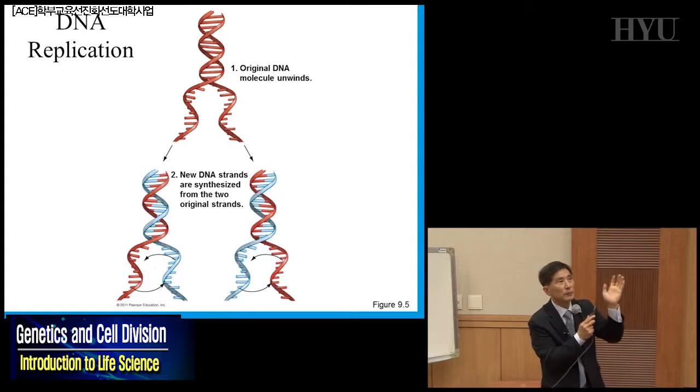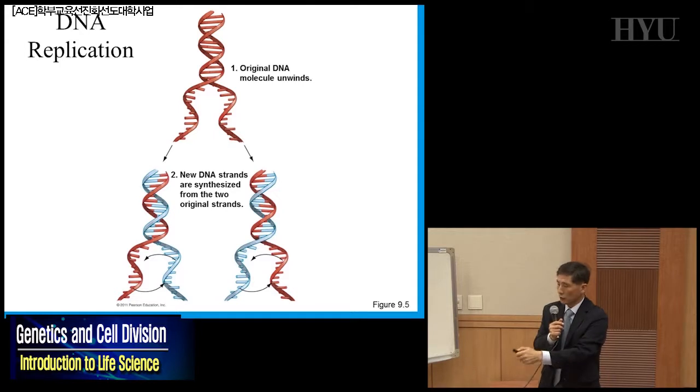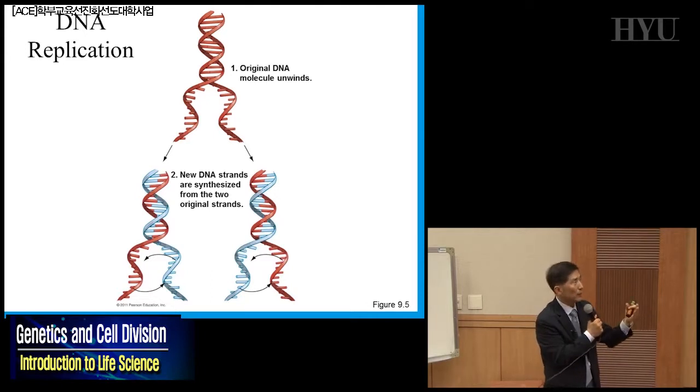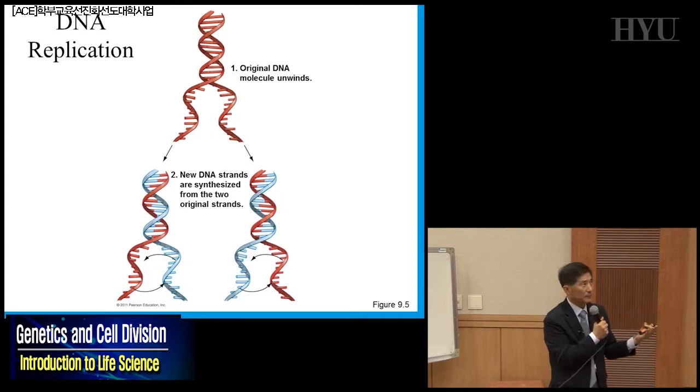You put the complementary sequence in it. By doing so, you can make a new strand based on this information. If this has G, A, T, C, you have to put C, you have to put T. It's automatic. That's how you make an exact copy of it.